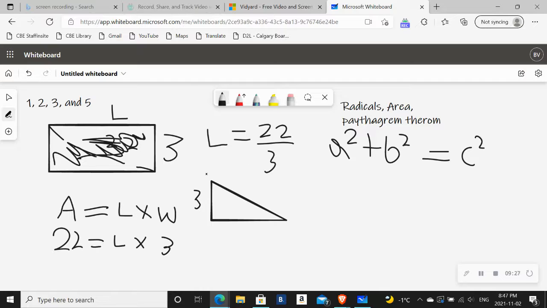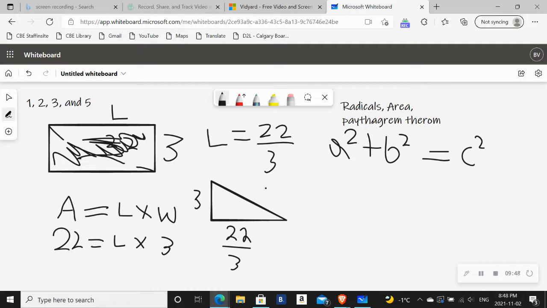And so basically what we did earlier is, do you remember this? We did this, and so we would take 22 divided by 3 as our length.